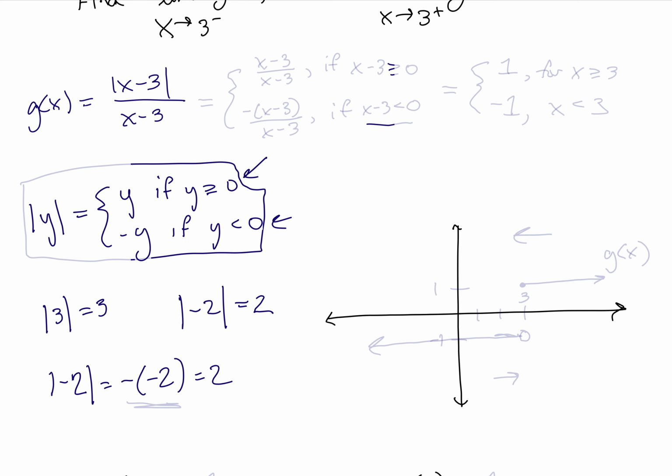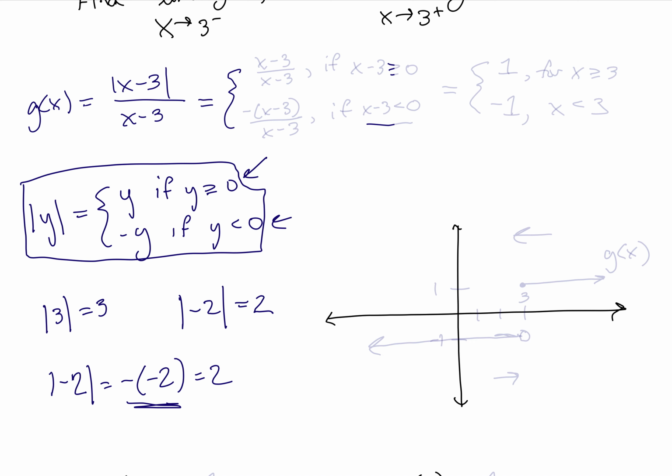So that's why this expression makes sense: the absolute value of a negative number is the negative of that negative number. Those two negatives cancel out to give you a positive. So this is one way to express what the absolute value function is doing, and that can be helpful when we're thinking about this function g of x. So g of x is equal to absolute value of x minus 3 over x minus 3.